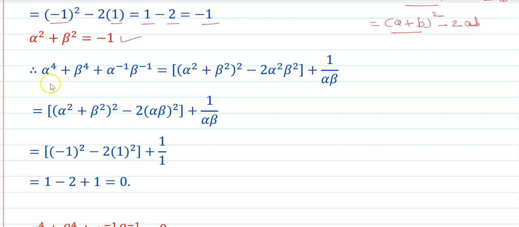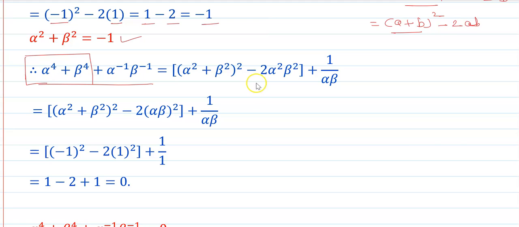Now this whole expression can be written as, first consider alpha raised to 4 plus beta raised to 4. That is alpha square plus beta square bracket square minus 2 times alpha square beta square. If we expand this, then you will get here alpha raised to 4 plus beta raised to 4 plus 2 times alpha square into beta square.